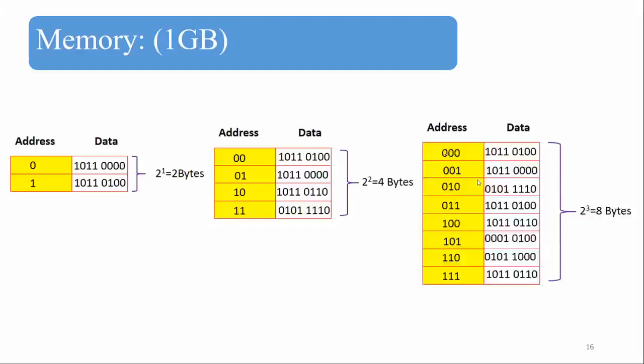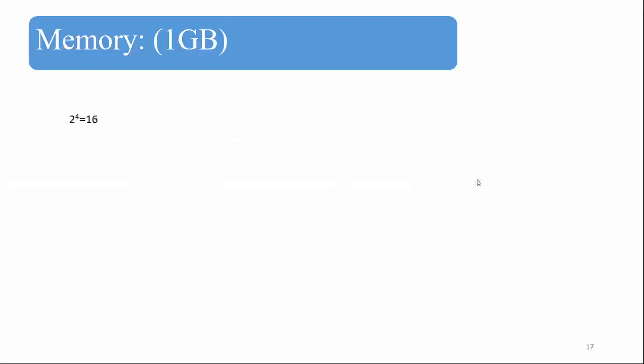So you know that it is 2 to the power 1 if we have addresses of 1 bit, 2 bits, 3 bits of address bus. Now here you can see 2 to the power 5, 2 to the power 6 is 64, 2 to the power 7 is 128, 2 to the power 8 is 256. And whenever we reach 2 to the power 10, what is 2 to the power 10? 1024.